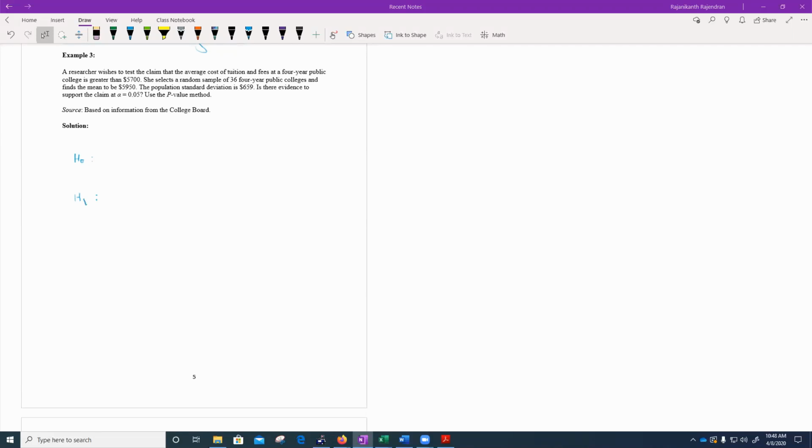So first let us set up the hypotheses. Of course, she's talking about what? The average cost of the tuition and fees. So again mu. But the claim was what? Her claim was greater than this value, right? Therefore, this is greater than 5,700.